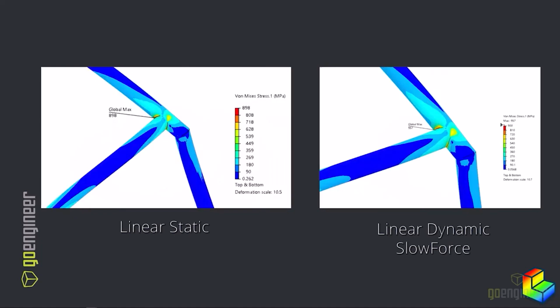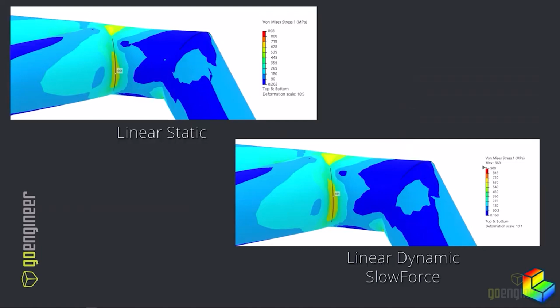And if we zoom in, we can see that the global max results for each of these study types are in a region that is more of a compression load than a tensile load. So these areas will need additional consideration if they are a failure mechanism we are trying to capture. But if we look in areas in tensile load, we can see for both study types, we are not that far off from each other in stress results.